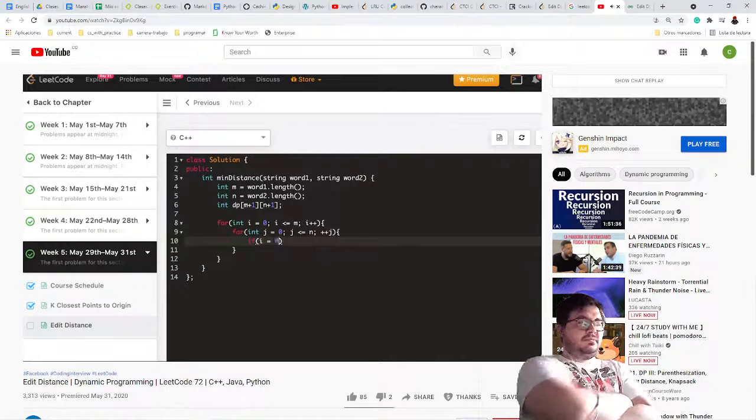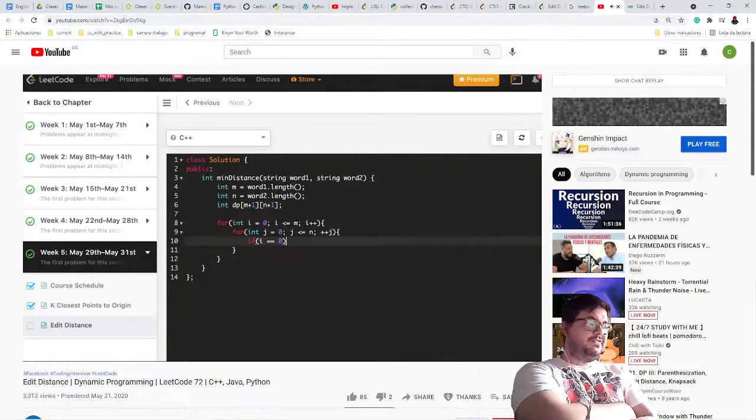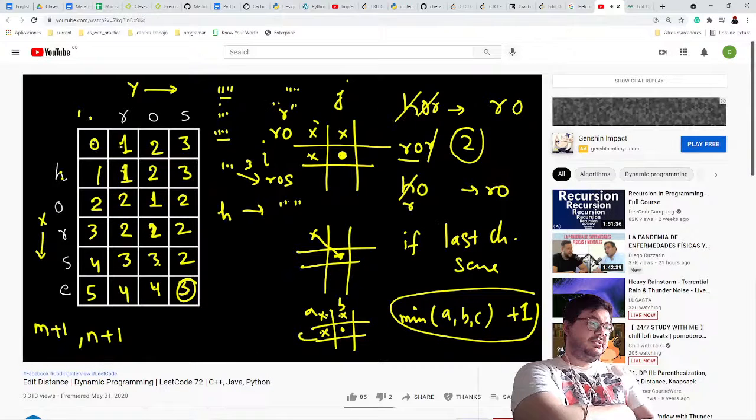If I equal to 0, that is the first row, the dummy row where x is empty, then dp[i][j] is equal to j. You can see this table. In the first row it's 0, 1, 2, 3, and in the first column it's 0, 1, 2, 3, 4, 5.